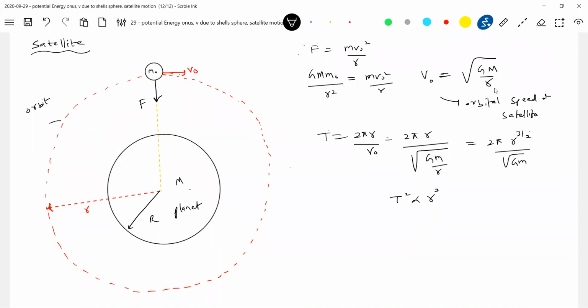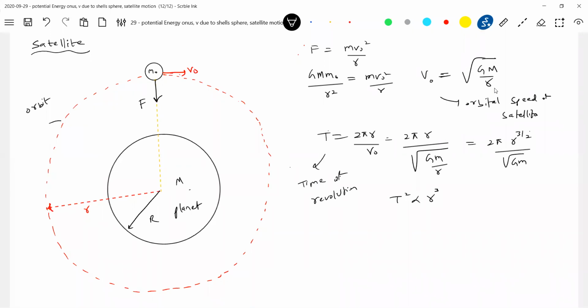This is nothing but Kepler's law of planetary motion. Tomorrow we'll analyze it here in detail. This is the expression for the time period of revolution. The time period is the time taken to go round once, as it's a periodic motion. So the time period is given by this particular expression.